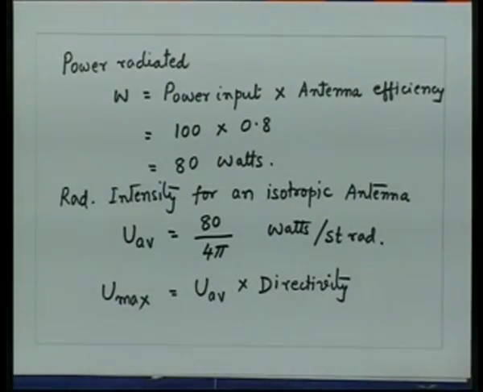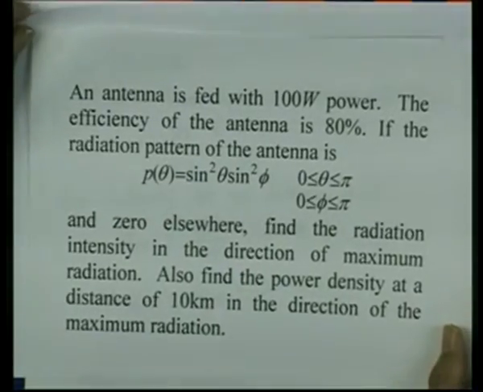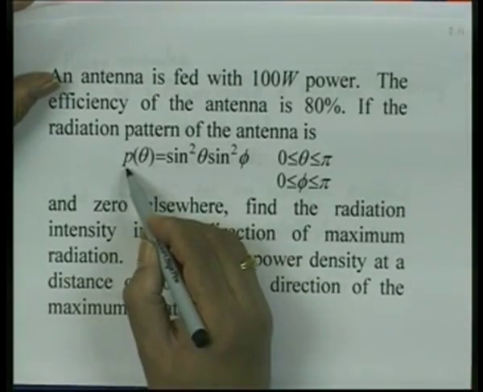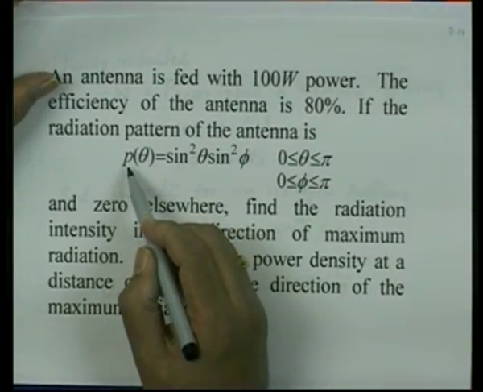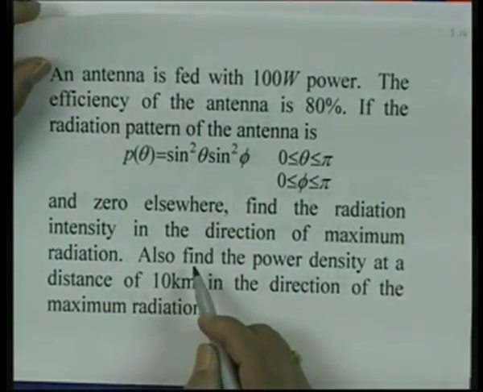Now, to find the maximum radiation intensity, first we have to find the directivity of the antenna from the radiation pattern which is given here. Note that the radiation pattern given here is P theta, the radiation pattern for the power. So, now we can use this radiation pattern to find the directivity.